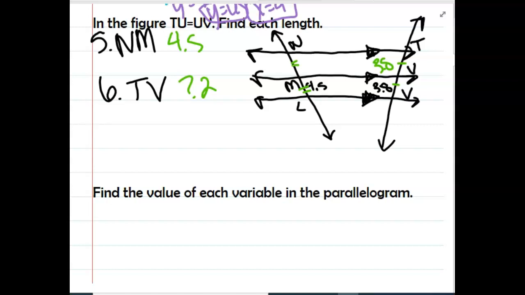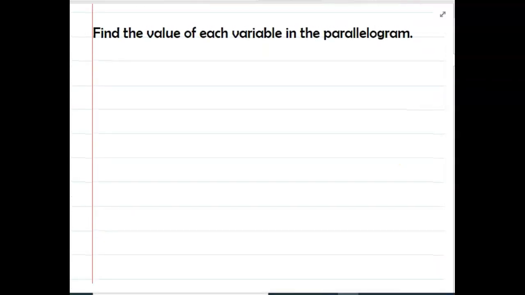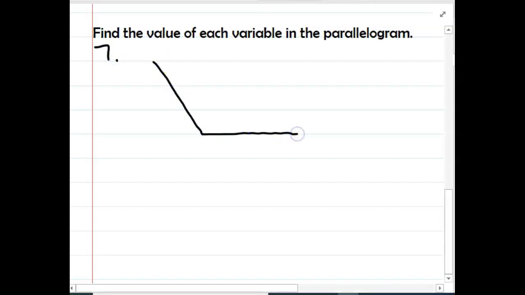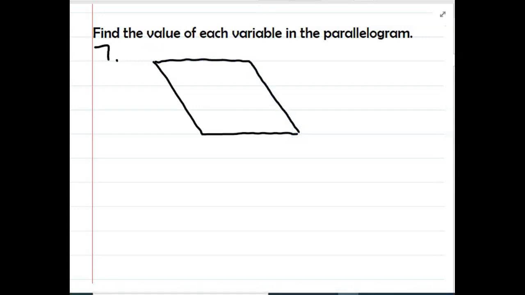Okay, last one. It's going to be kind of similar to 3 and 4. So let's draw a parallelogram. Except we don't need transversals for this one. All right, so on this parallelogram, let's say the top is 6y plus 1.